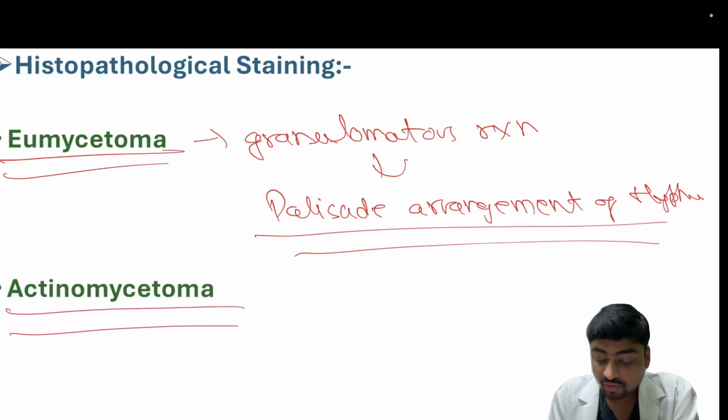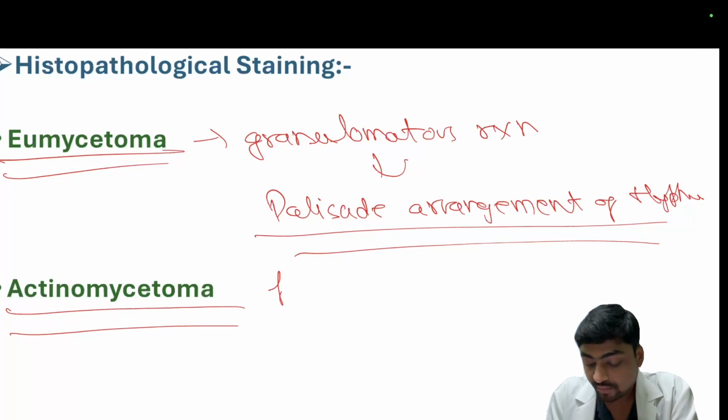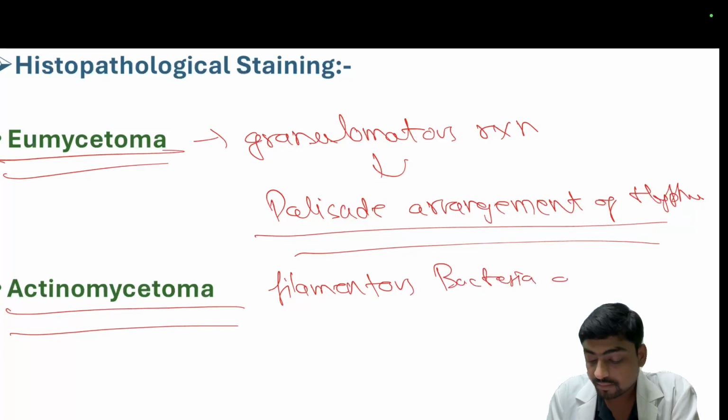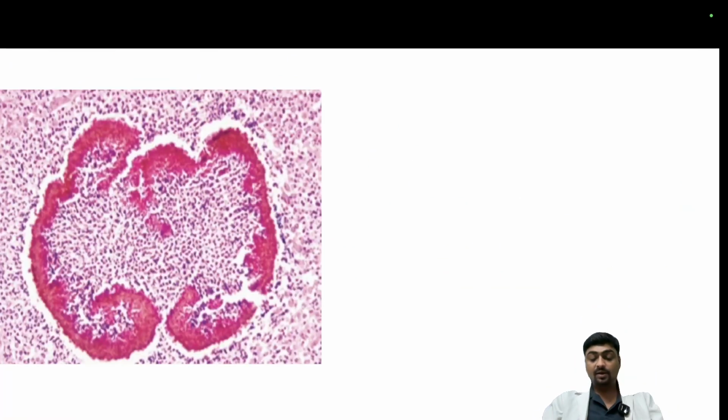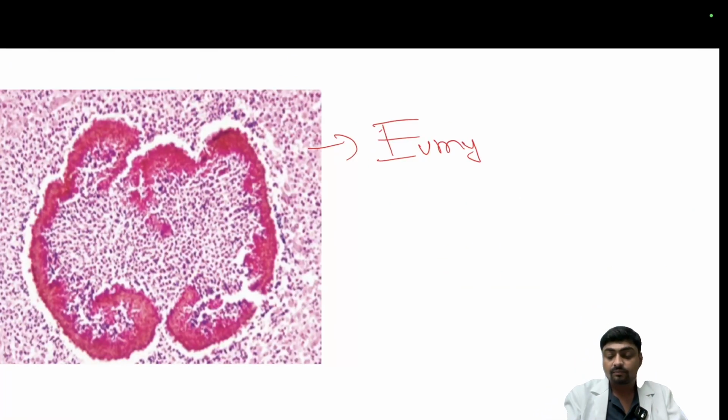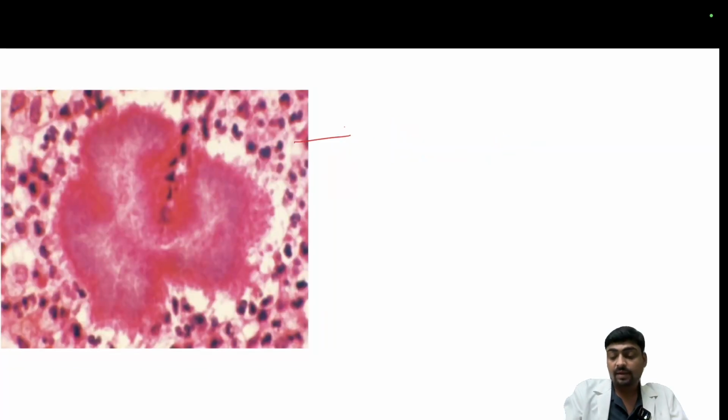And in case of actinomycetoma, this granulomatous reaction will be composed of filamentous bacteria at the margin. So these are the slides of histopathological staining of eumycetoma, and this one we have of actinomycetoma.